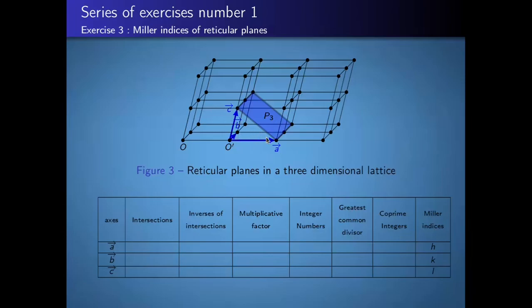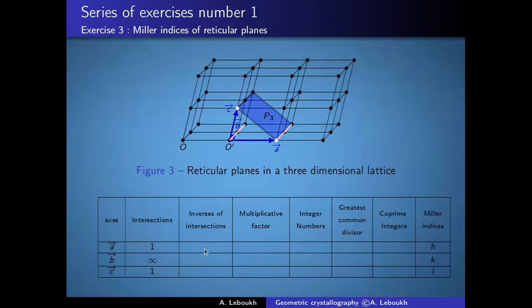And now we show that the plane P3 cuts axis A in 1A, and is parallel to B, like this, parallel to B. So it cuts B at infinity, and the C axis is cut by the plane at 1C.